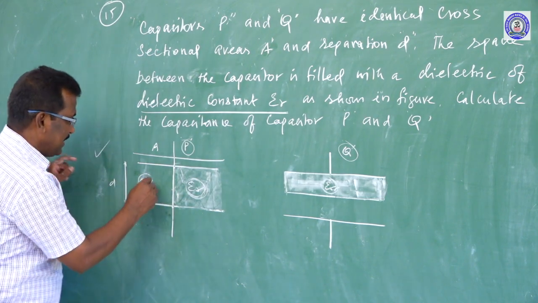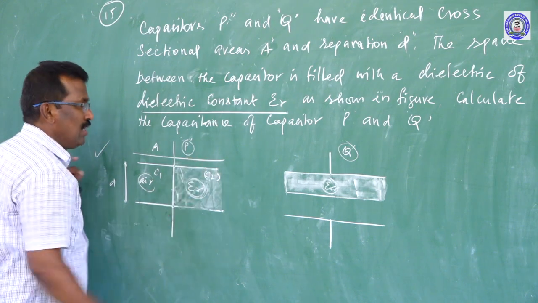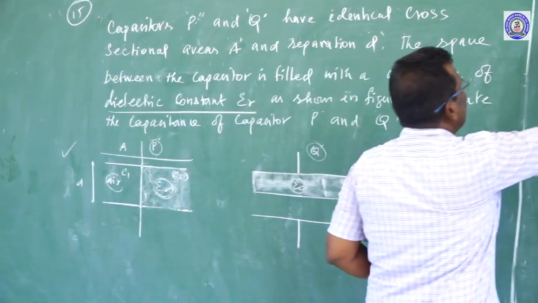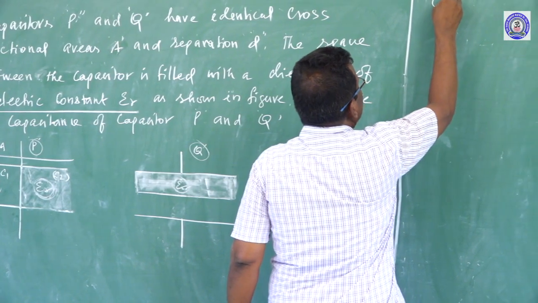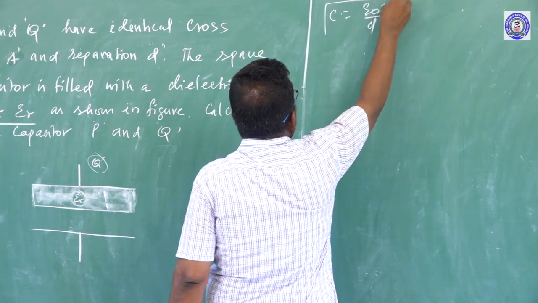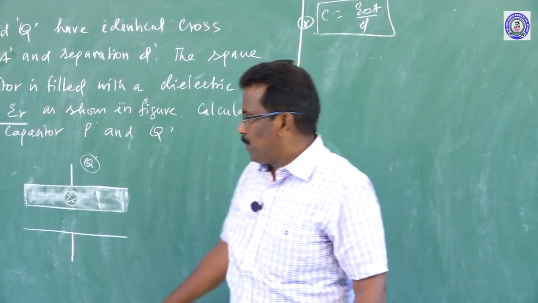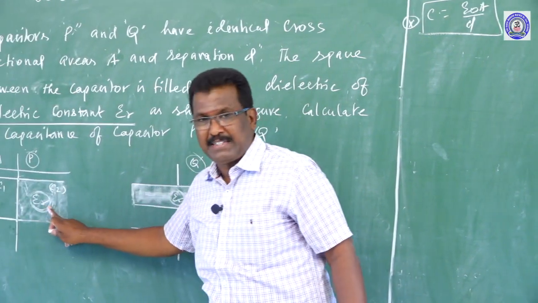Let us consider this as capacitor C1 and this as capacitor C2. We know that C is equal to epsilon naught A by D, the general formula to calculate the capacitance of a capacitor. This part is filled with air, this part with dielectric.